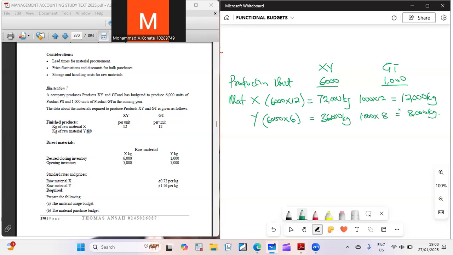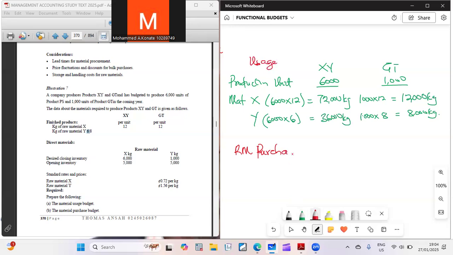So it means that if we now want to do our raw materials purchase budget, this is the raw materials usage budget.